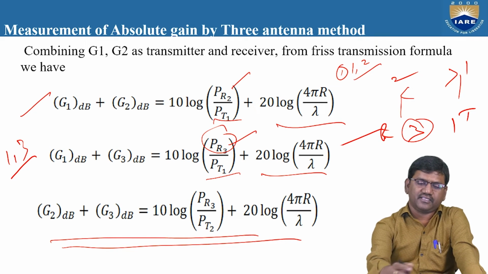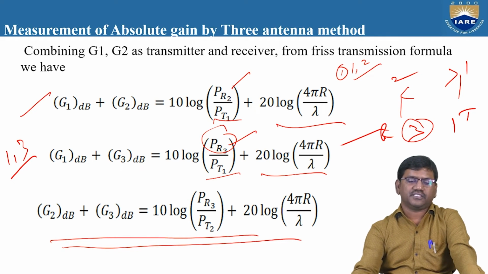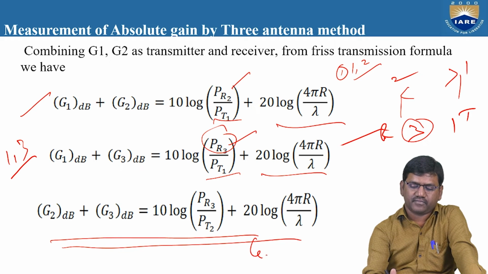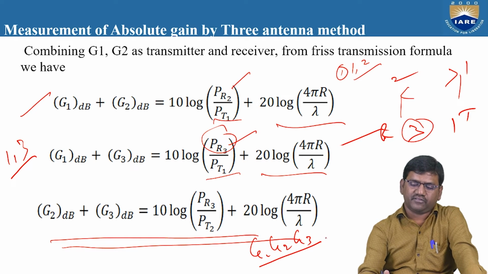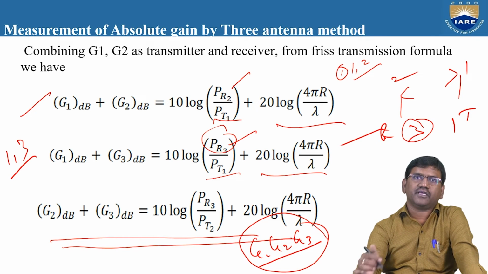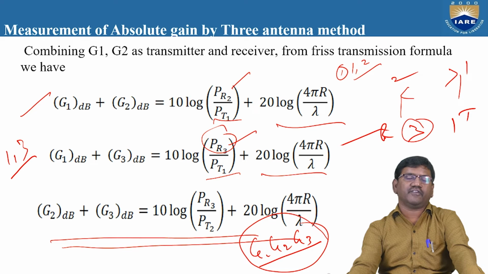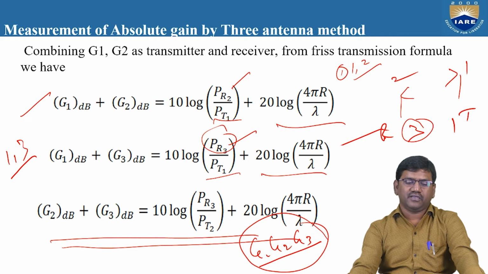G1, G2 and G3 are 3 different variables, and we have 3 different equations, so we can simplify by simple mathematics to determine the values of G1, G2 and G3.